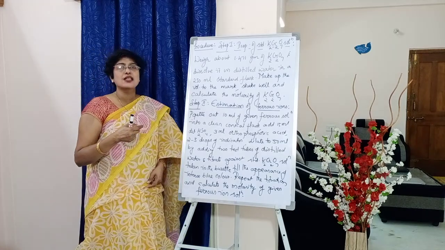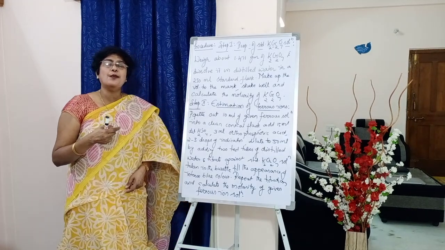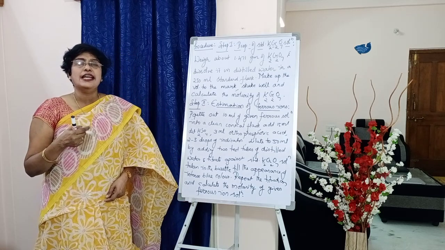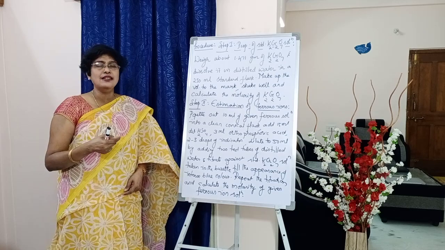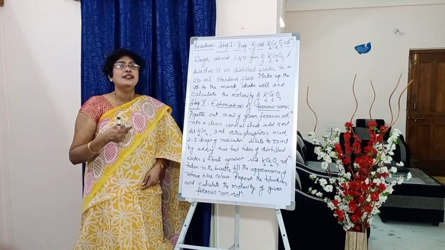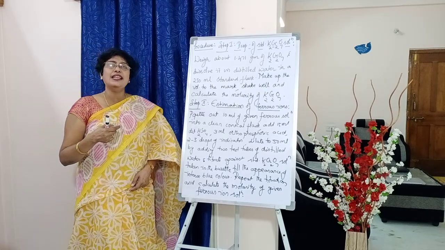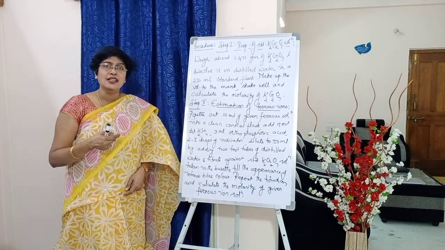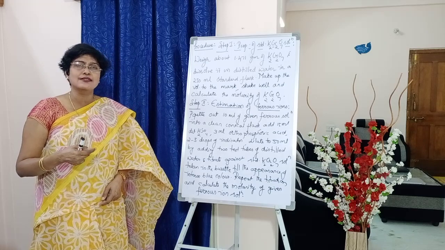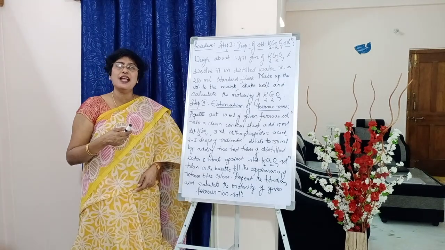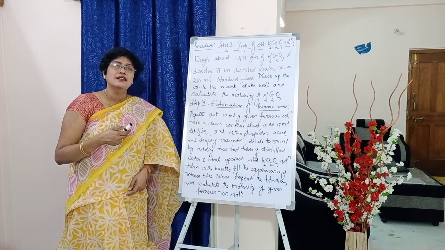Okay, students. So, write down. Weigh about 1.471 grams of K2Cr2O7, dissolve it in distilled water in a 250 ml standard flask. Full stop.